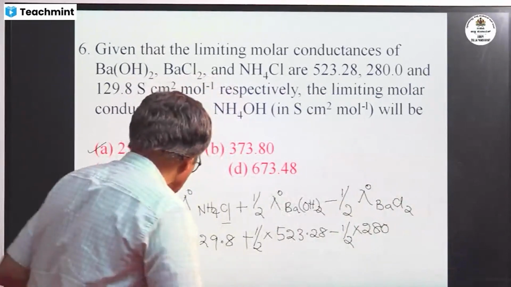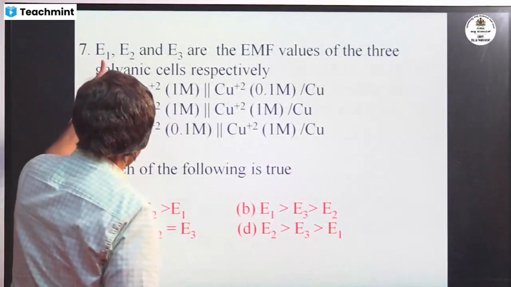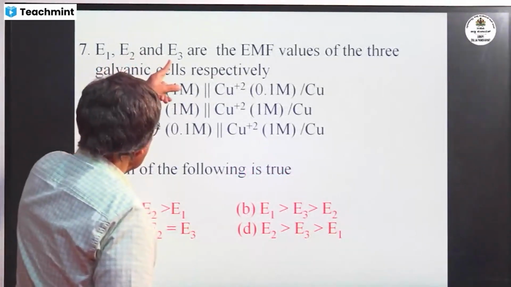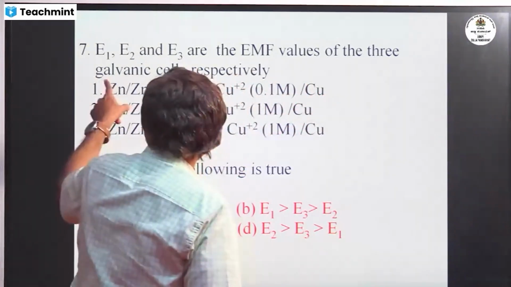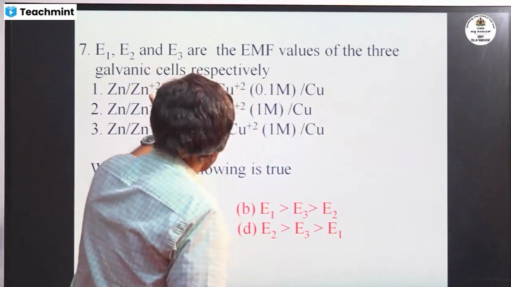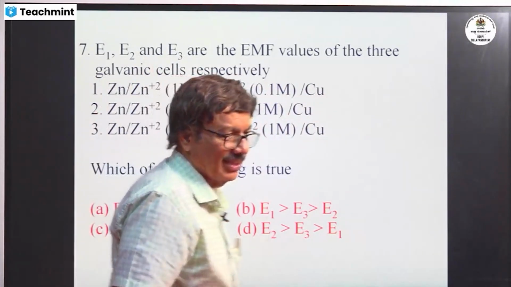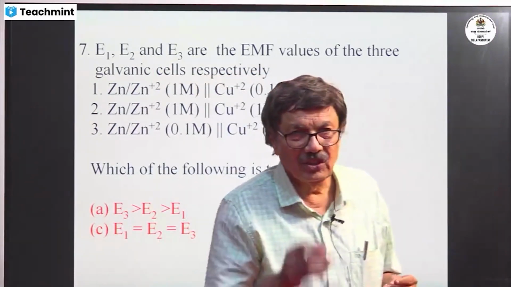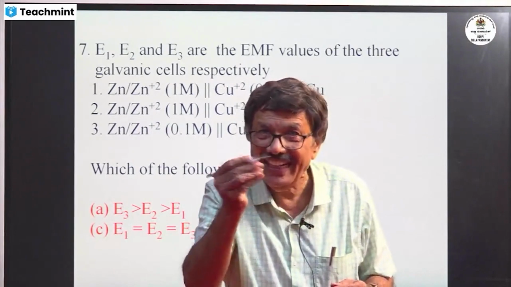Now, next one. E1, E2 and E3 are the EMF values of the galvanic cells respectively. They have asked, concentration is different. See here now. One thing I'll tell you. From the cell, you must write the reaction.